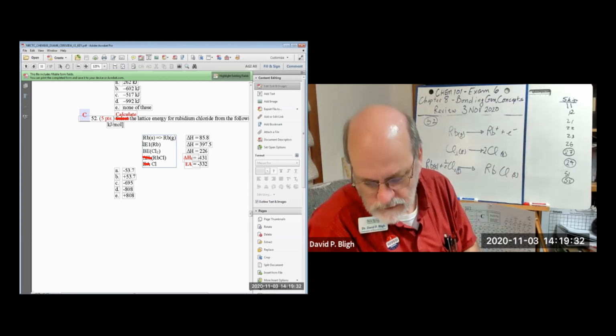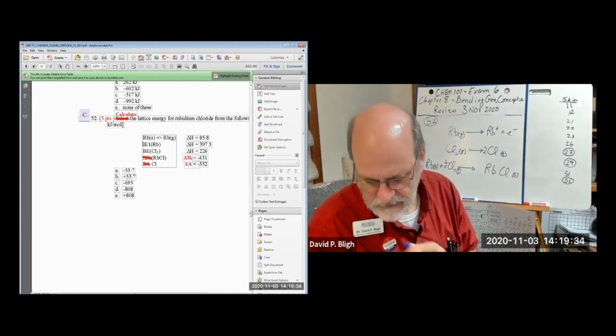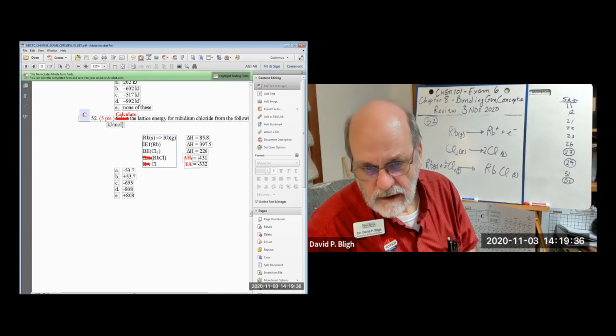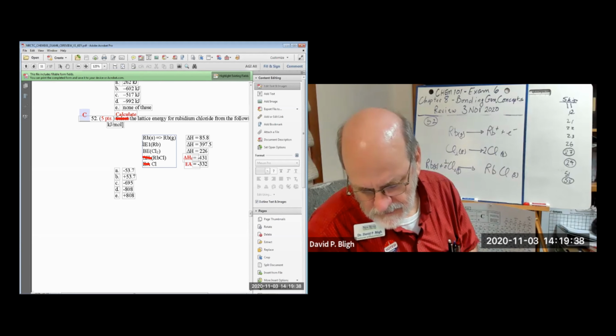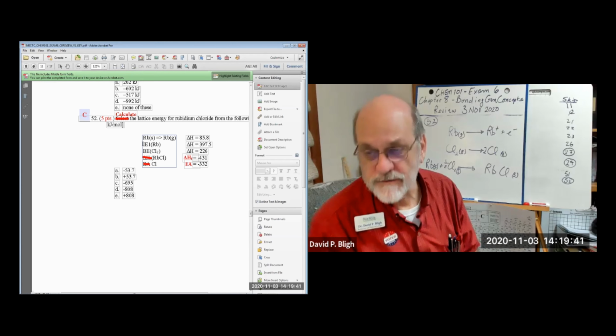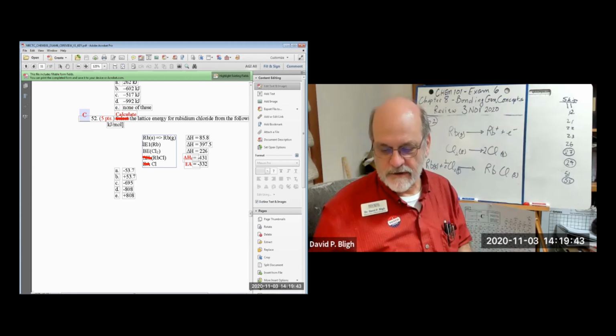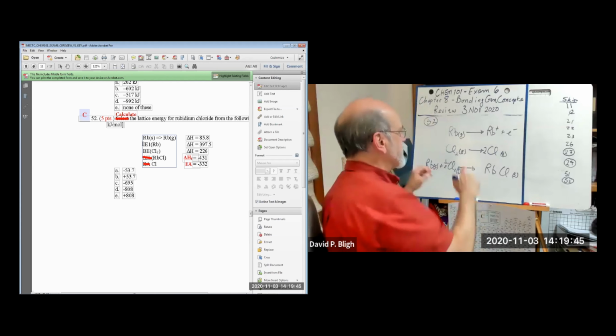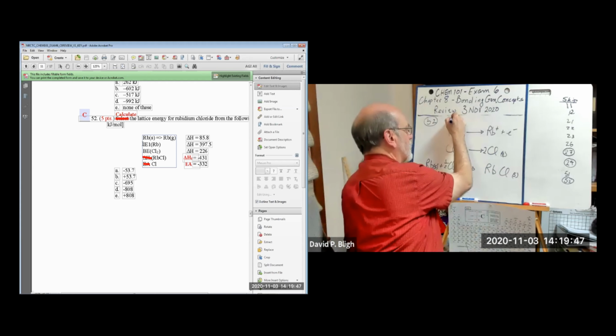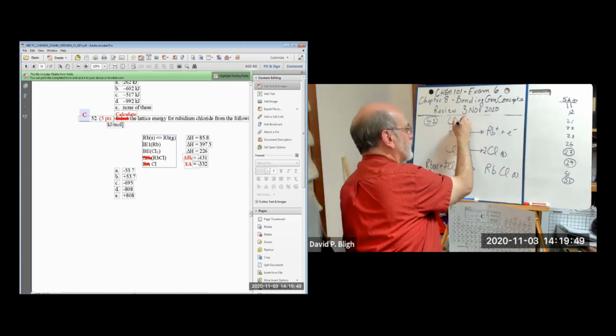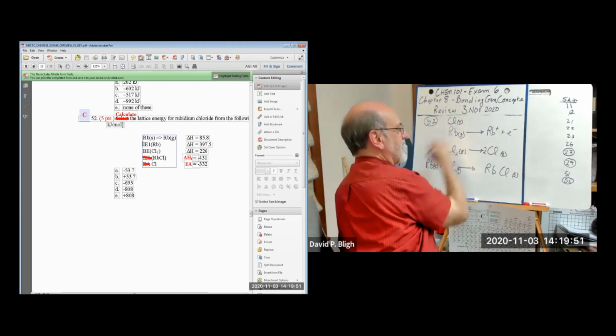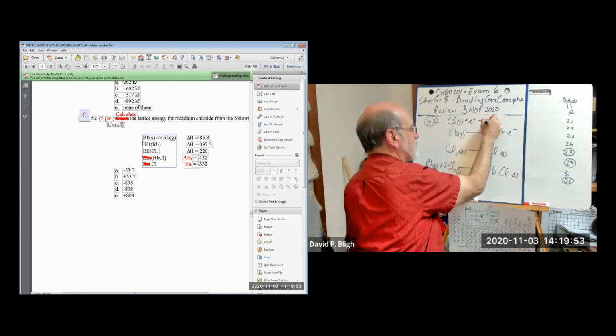And then the last one is the electron affinity, EA, for chlorine. So what does EA mean for chlorine? Well, that means chlorine gas plus an electron yields chloride.